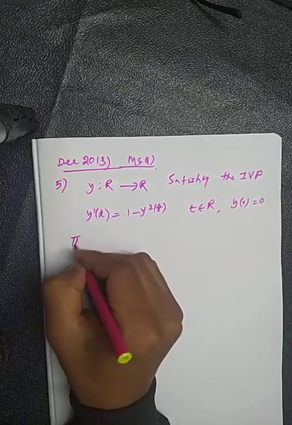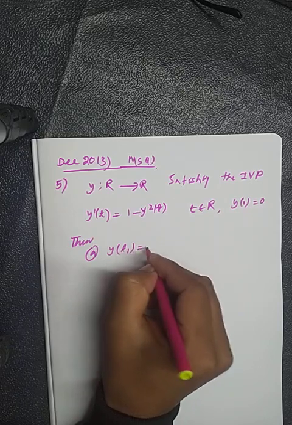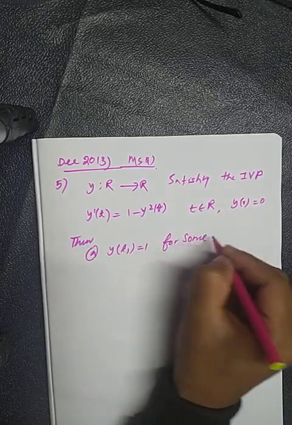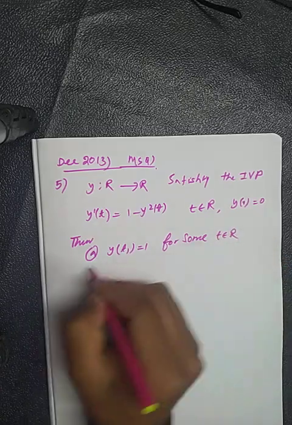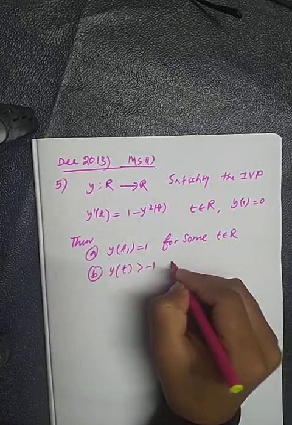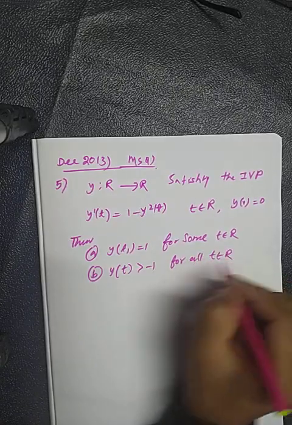Then A, y of t is equal to 1 for some t belongs to R, and B, y of t is greater than minus 1 for all t belongs to R.